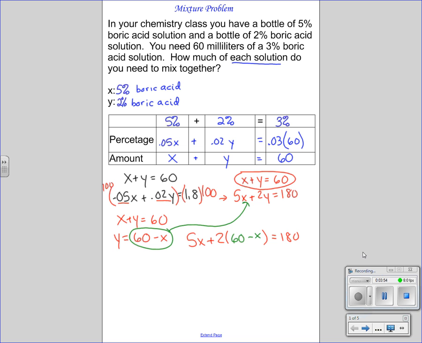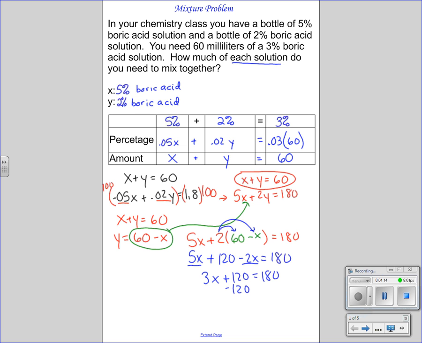Now just go through and solve. 5x plus 120 minus 2x. I distributed the 2. Make sure you're distributing it to everybody. 5x minus 2x is 3x plus 120 equals 180.